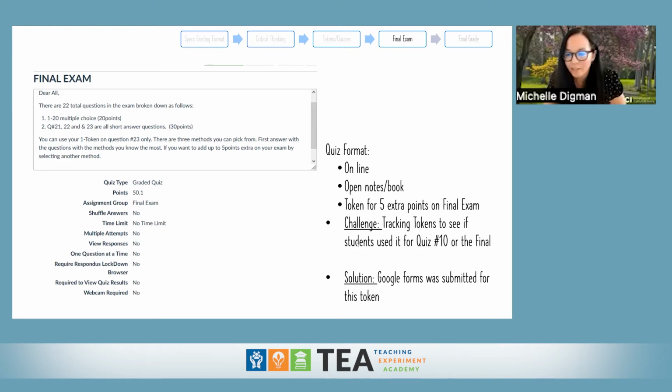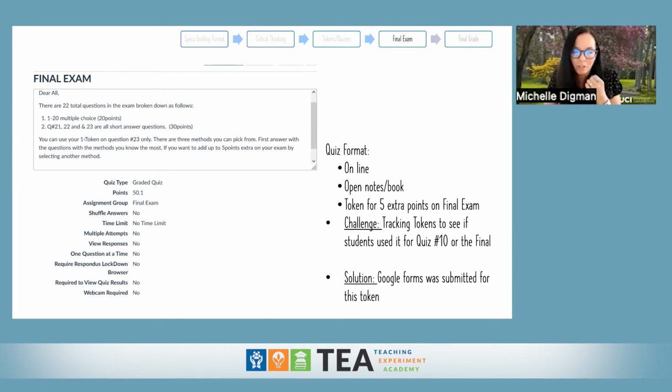So the final exam format, this was not specs grading. This was just a straight point system. They had 20 multiple choice questions. They had a couple of short answer questions that were worth more than the multiple choice questions.